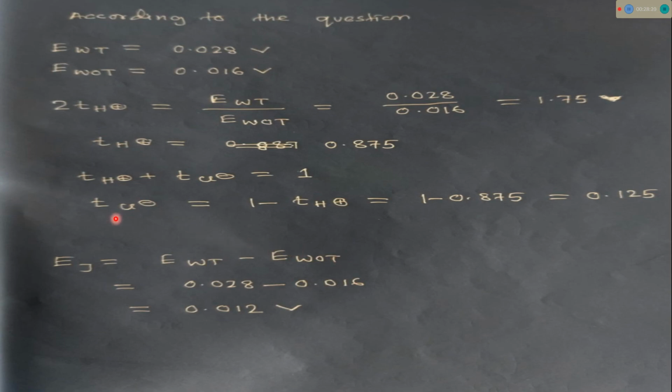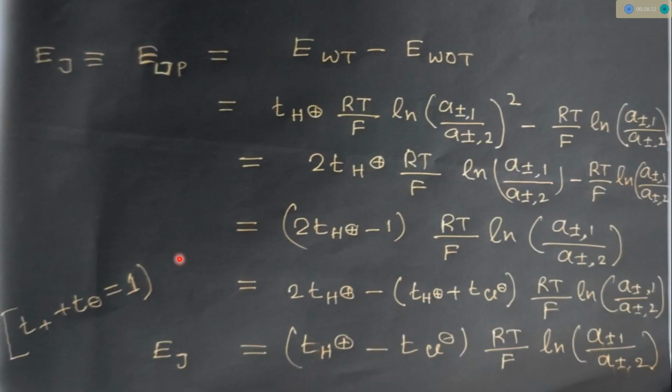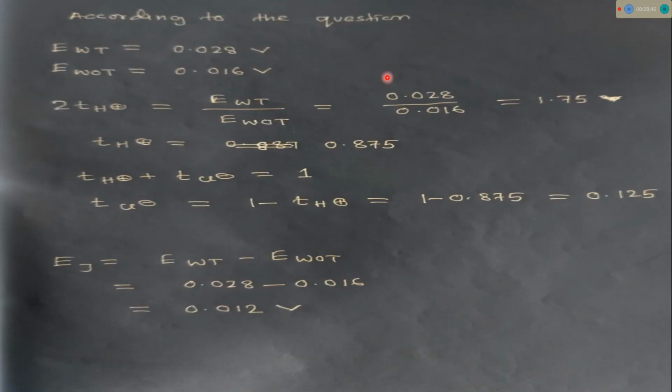We also saw that the liquid junction potential is the cationic transport number minus the anionic transport number, into RT upon F, ln of activity of the left hand side electrolyte divided by activity of the right hand side electrolyte. We can also write the liquid junction potential as cell EMF with transport minus cell EMF without transport. In the detailed calculations we just saw the answer.